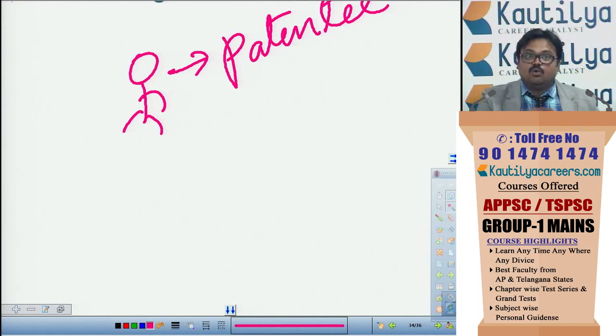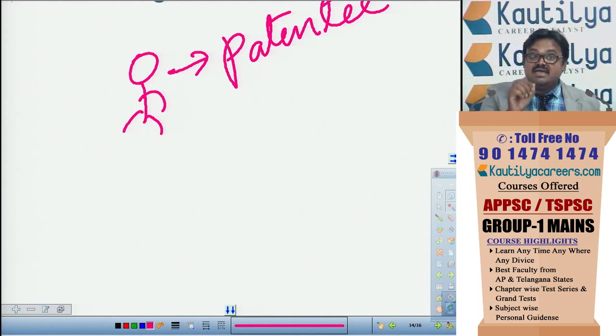I have a patent, no other company can produce it. I have the monopoly over that particular medicine, and still I am not doing it. I am also not even filling up Form 27. So the government has no other alternative but to wait for 3 years, and after 3 years, if I am not producing such a medicine at the local level, the government provides a license to a third party to produce that medicine.